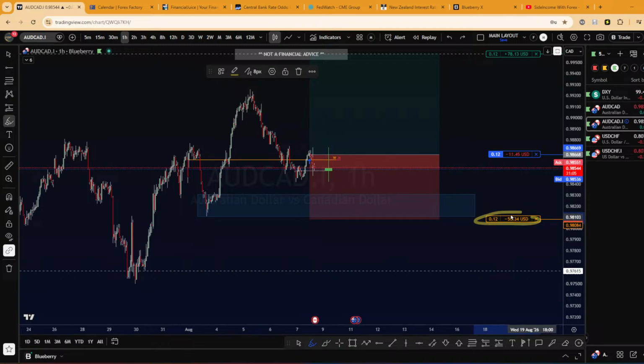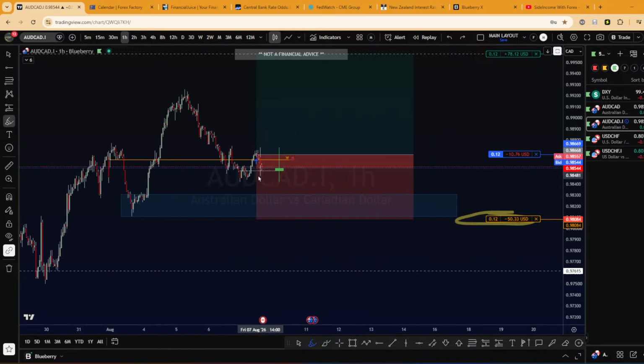I put an entry with a risk of $50 right there. I will not add another position based on the Canadian economic data. So if, for example, we have some weak data on Canada, maybe I will add another position. If I have some confirmation, for example, we break this high, I will add another position.